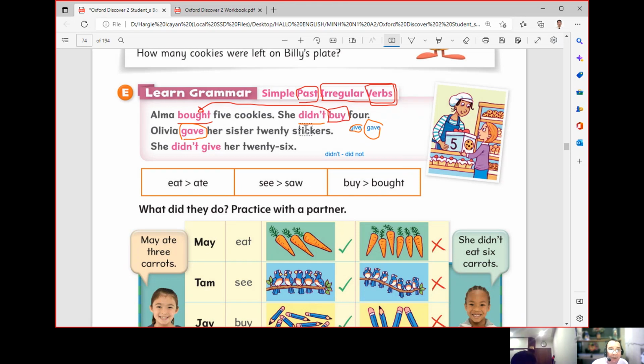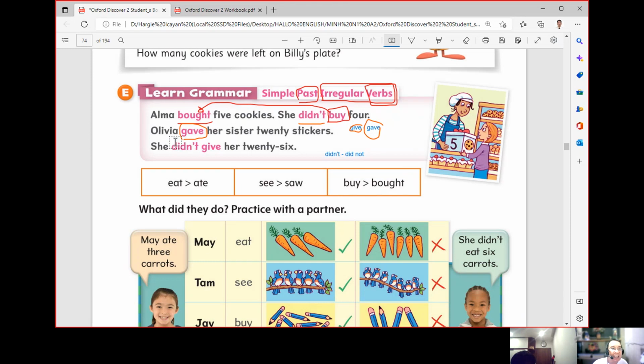We do not usually use the verb that is in the simple past. Instead, we have to use the base form. When we say base form, that is its original form. We do not say bought, okay? So instead of that, we have to say didn't buy four.